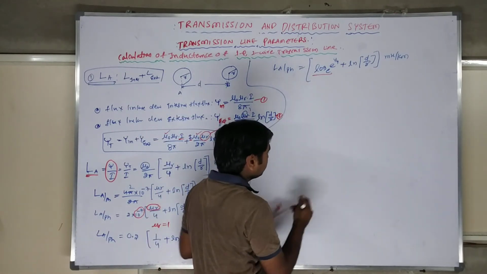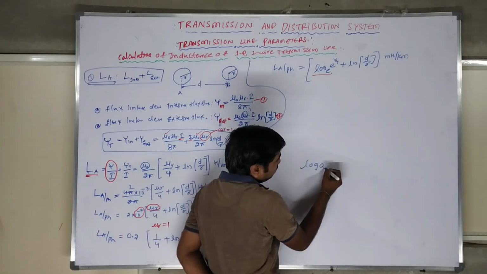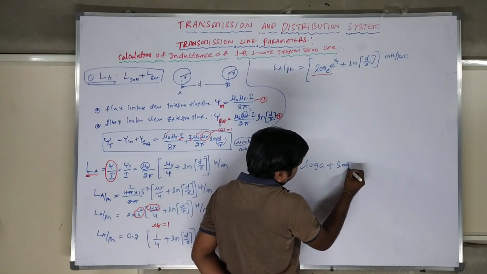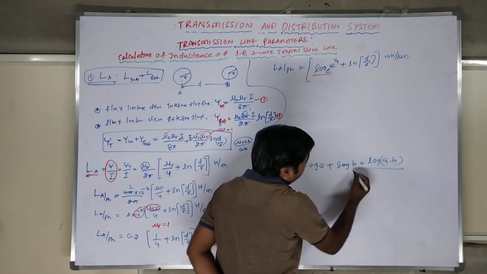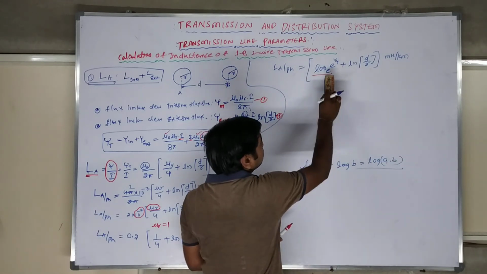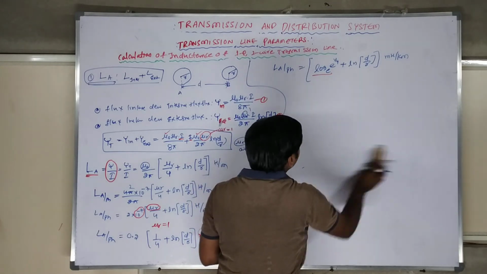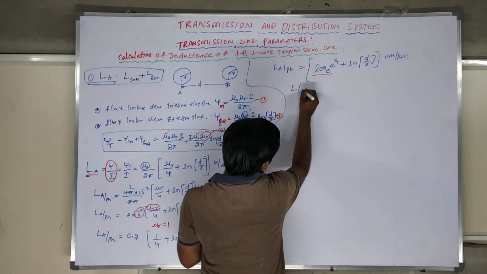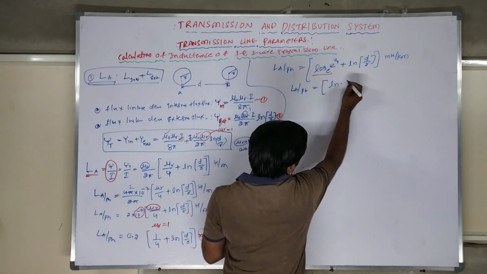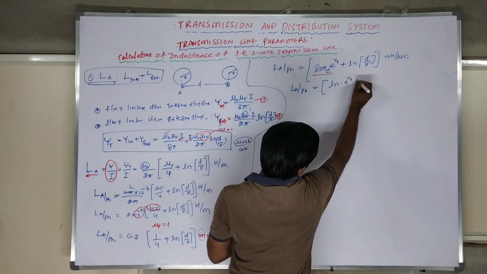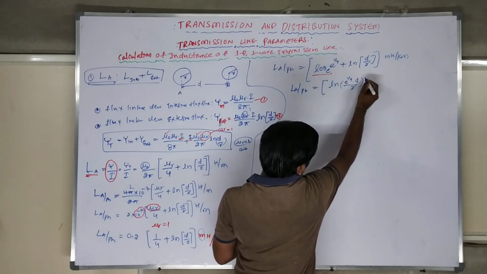One more important thing: as you know, log a plus log b is equal to log a into b. So inductance per phase is equal to ln of e power 1 by 4 into d by r.